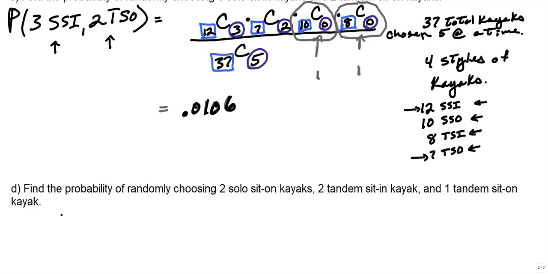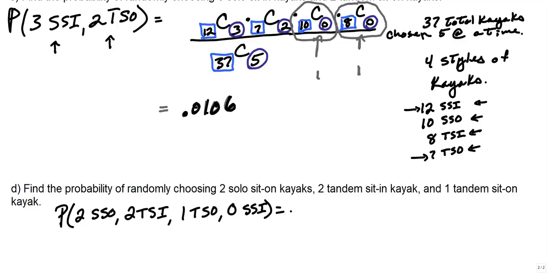Okay, so let's go ahead and crank out this probability, which is going to be 2 solo sit-ons, 2 tandem sit-ins, and then 1 tandem sit-on, which means that I will actually have no solo sit-in kayaks.